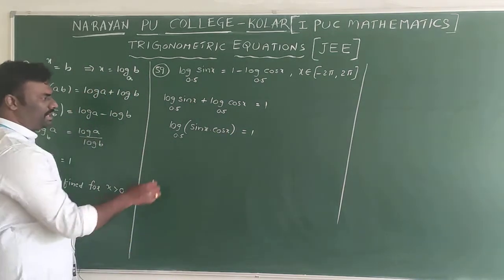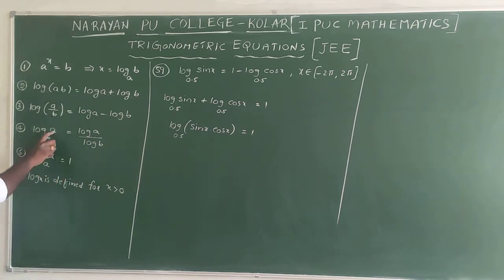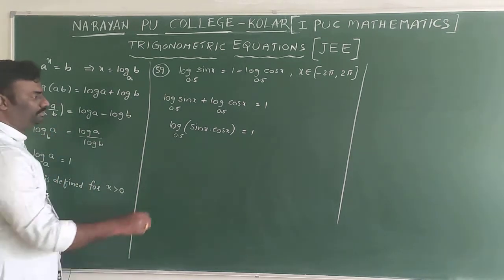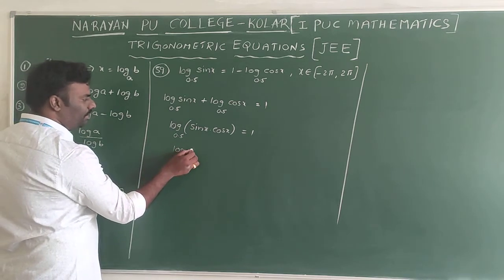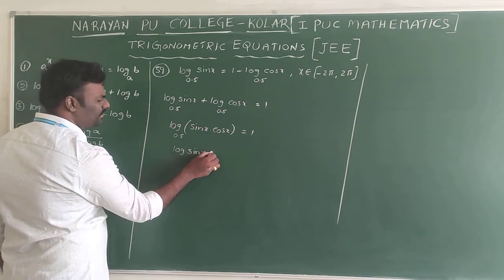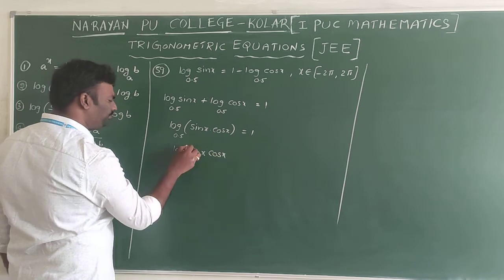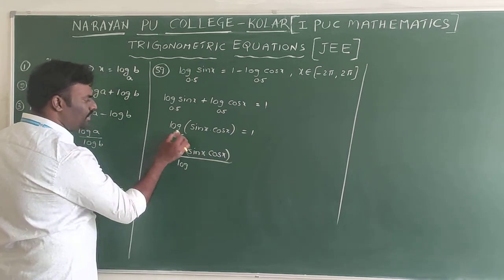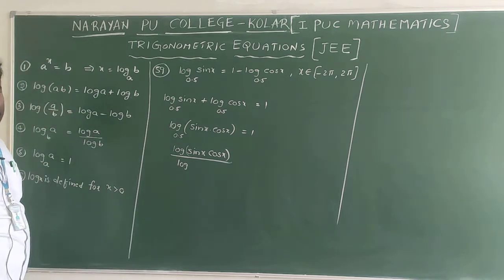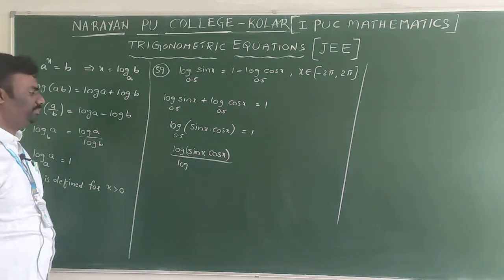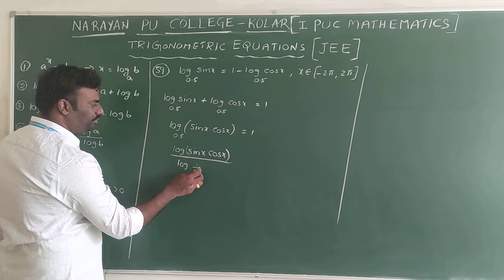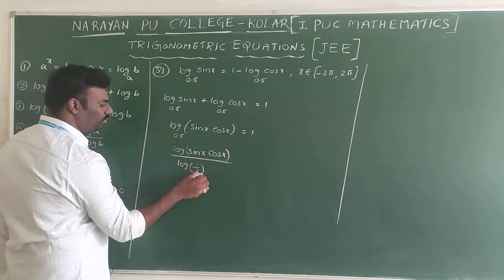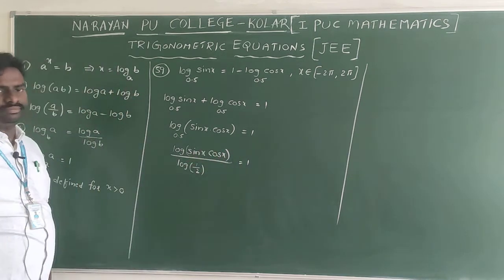Now this can be written as, according to the formula log a base b, log a by log b, then log sin x cos x by log 0.5, where 0.5 can be written as 1 by 2. That equals 1.